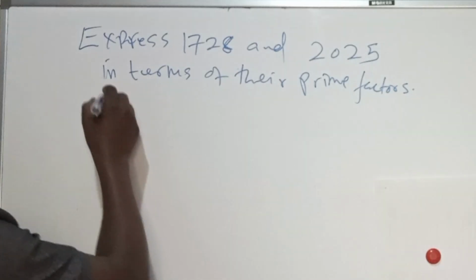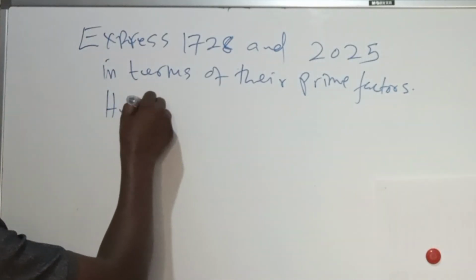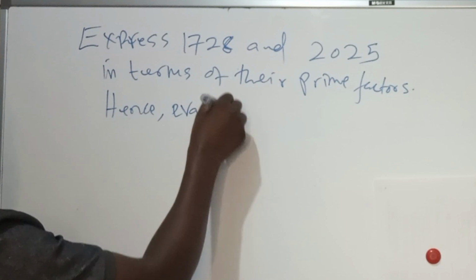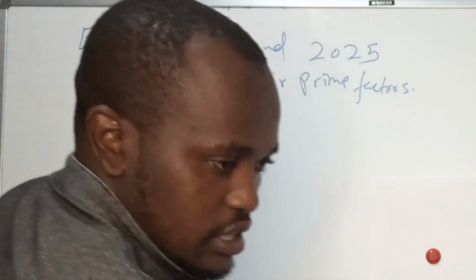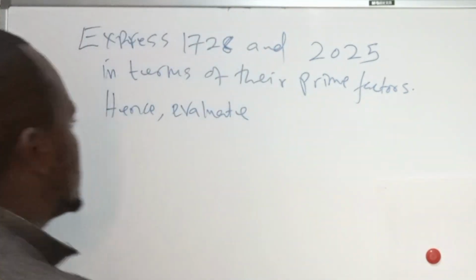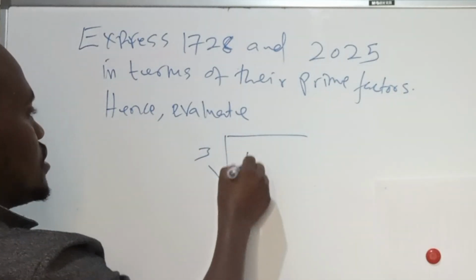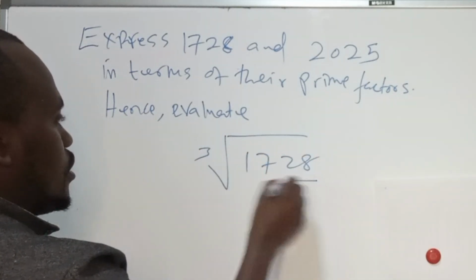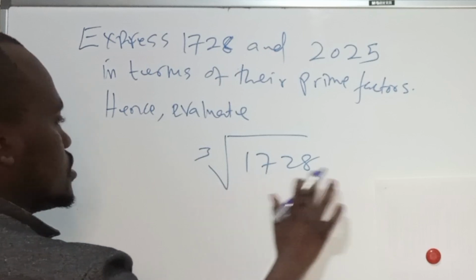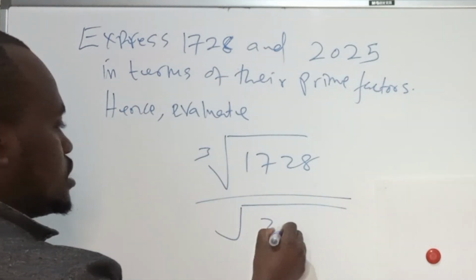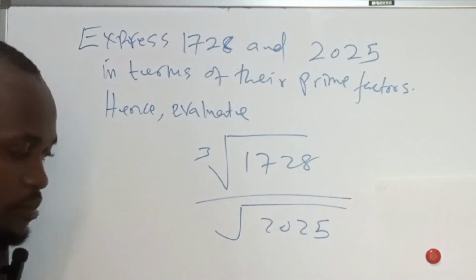Hence evaluate the cube root of 1728 over the square root of 2025.